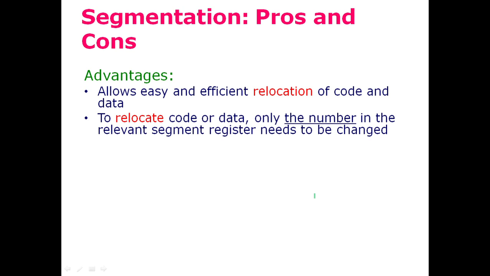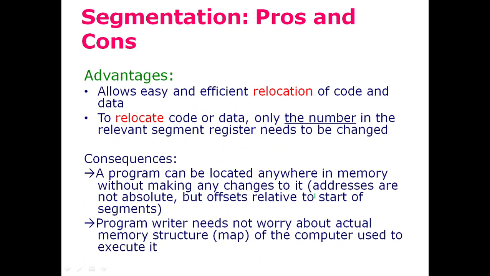This feature has a good consequence: a program can be located anywhere in the memory without making any changes to the offset addresses, because the address of each instruction in the code is relative to the starting of that program.